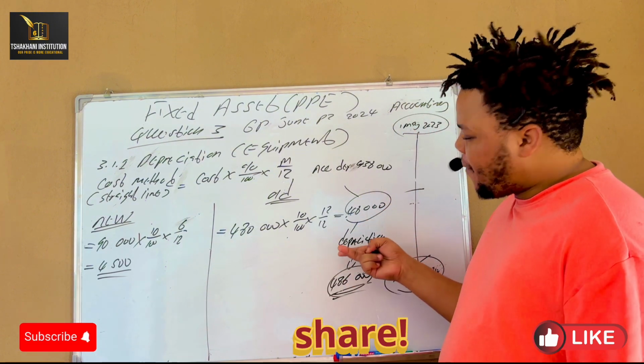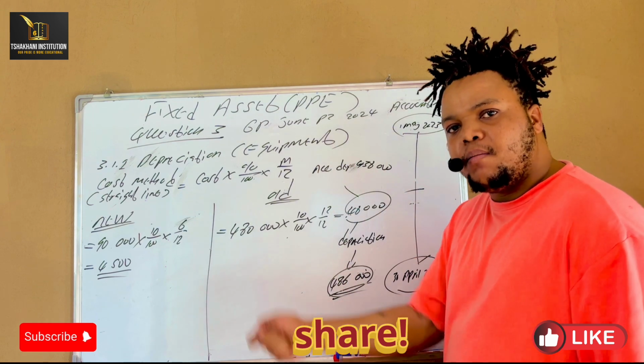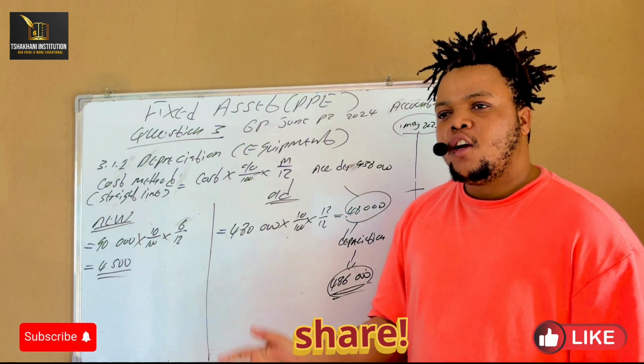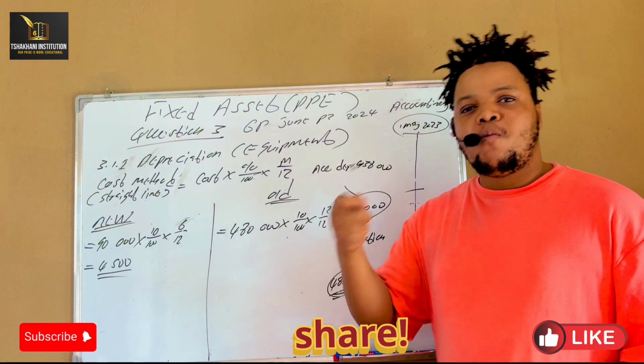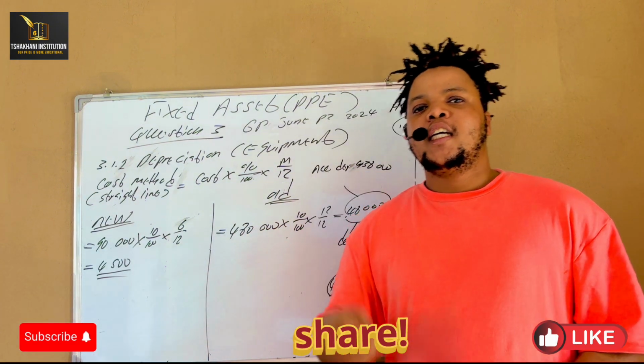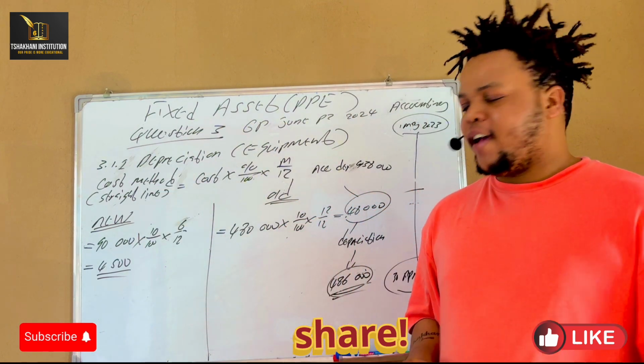If when you combine the current depreciation together with the accumulated at the beginning, you find that the accumulated at the end is bigger than the cost, you must change the way of calculating the depreciation. That's where we apply the 1 rand method. I'm sure you have heard about that.